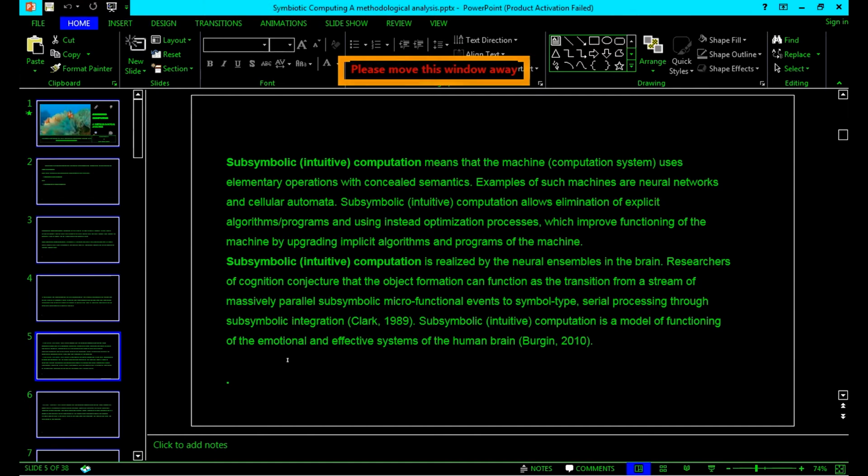Some sub-symbolic intuitive computation is realized by the neural ensembles in the brain. Researchers of cognition conjecture that object formation can function as a transition from a stream of massively parallel sub-symbolic microfunctional events to symbol-tied serial processing through sub-symbolic integration. Sub-symbolic intuitive computation is a model of functioning of the emotional and affective systems of the human brain.